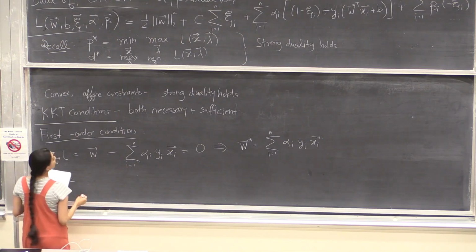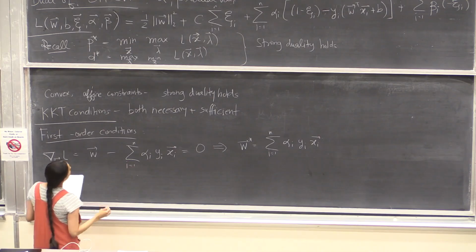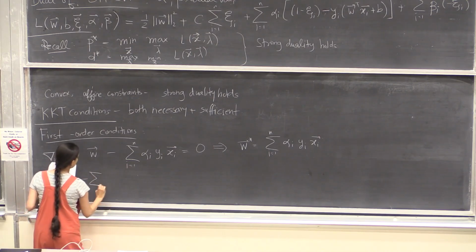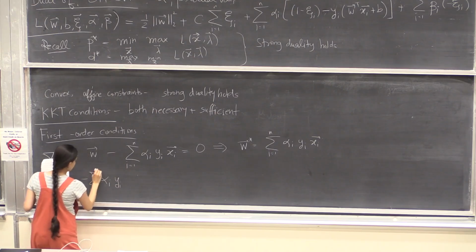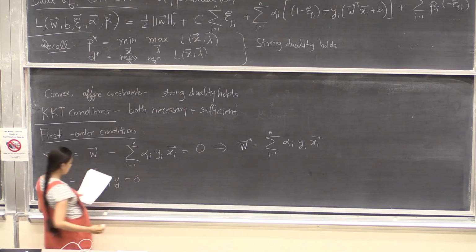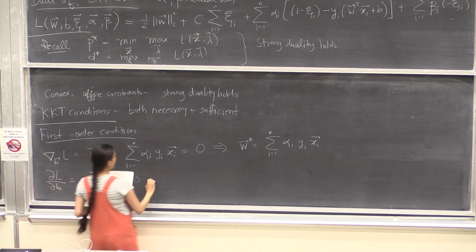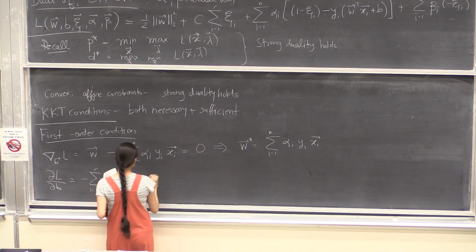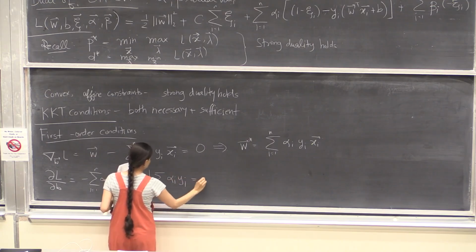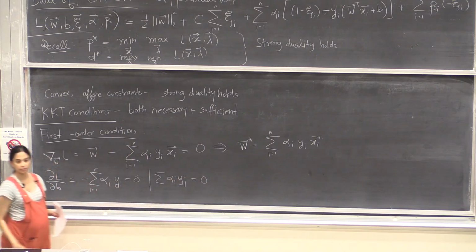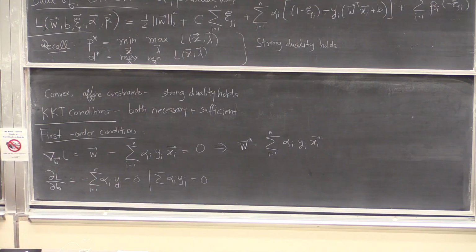So this is equal to minus sigma alpha_i y_i equal to 0, which I can just rewrite, since the minus sign doesn't really matter, as sigma alpha_i y_i equal to 0. From setting this equal to 0, this is what I get.